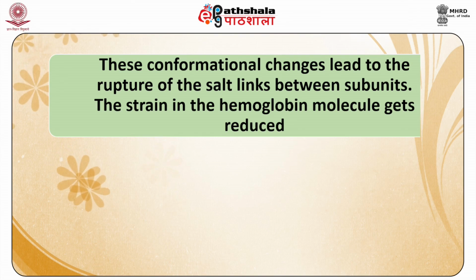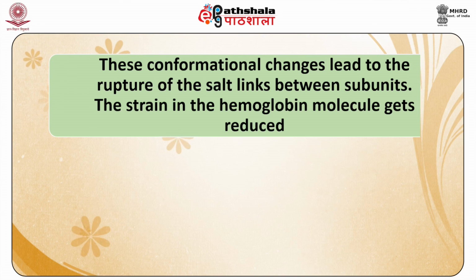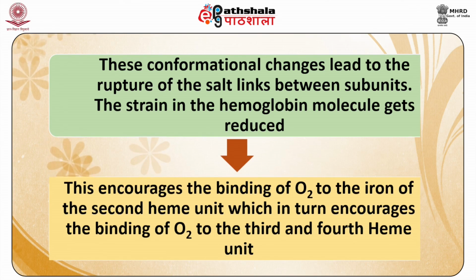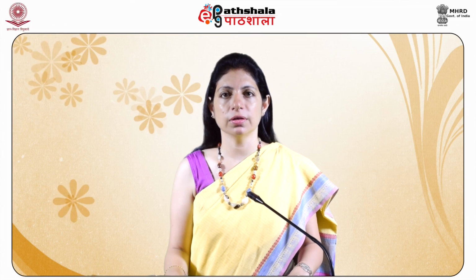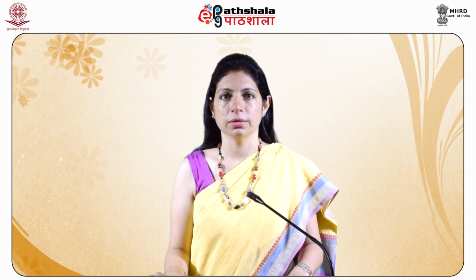These conformational changes lead to the rupture of the salt links between the subunits. Strain in the hemoglobin molecule gets reduced, and this encourages the binding of dioxygen to the iron of the second heme unit, which in turn encourages the binding of dioxygen to the third and the fourth heme unit. This sequential increase in dioxygen affinity gives rise to the sigmoidal shaped dioxygen dissociation curve for hemoglobin.